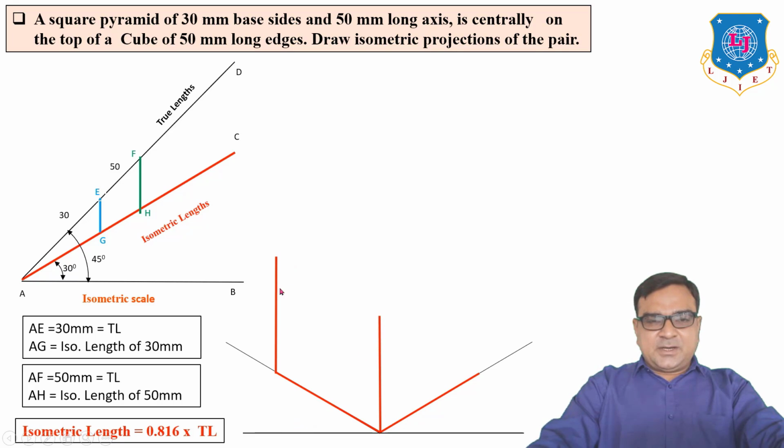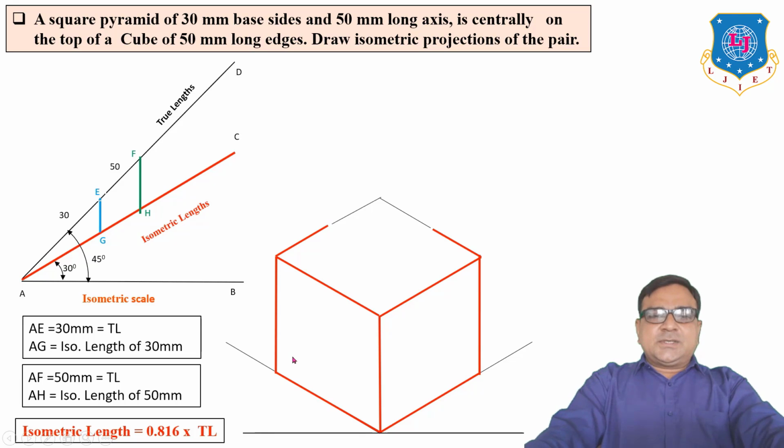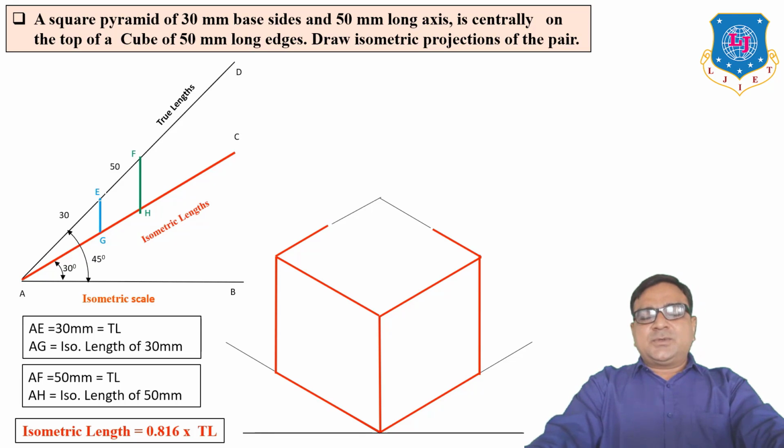This line is parallel to height. This is parallel. Now the length is parallel to line number 1. This is also parallel to this. This line is parallel to width and this is parallel to length. So this is our isometric projection of the cube.